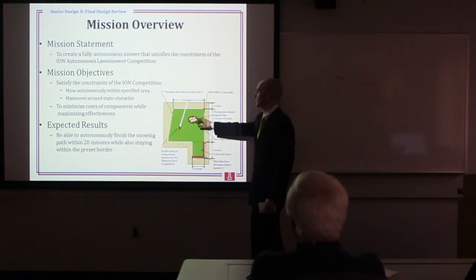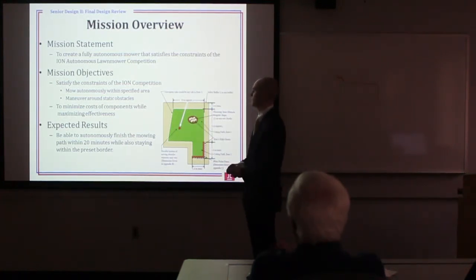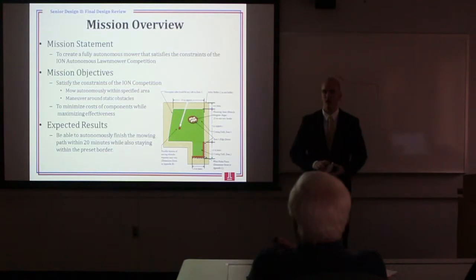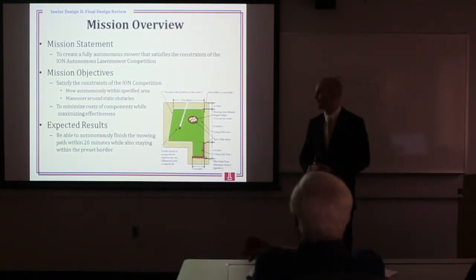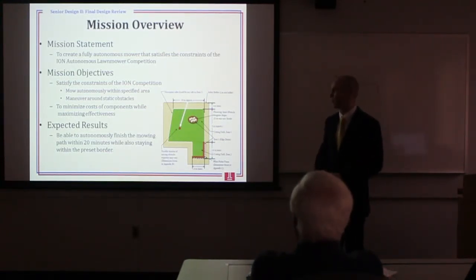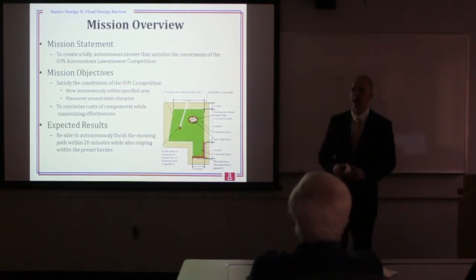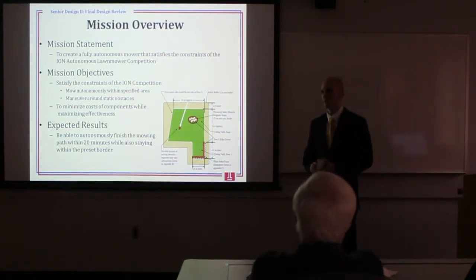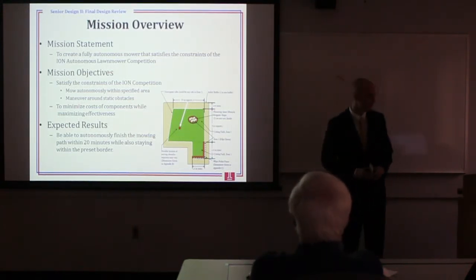We have a static obstacle right here which we will have to maneuver around, along with a white picket fence at the end here. We wanted to also be able to maximize our efficiency and effectiveness throughout this by using our algorithm. We expected to have this finished within a 20-minute time period, while also being able to mow 75% of the lawn.